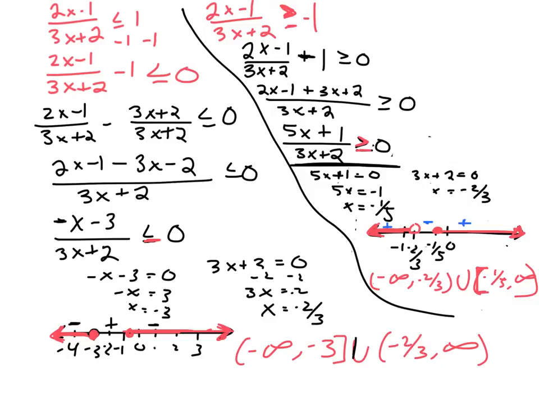So let's look at this. On this side, from negative infinity, okay, we're good. Both of them are being met from negative infinity. And then we get to negative 3. Are both of them met? Yeah, both of them are still being met. We're at negative 3, both these are met. Then we continue moving past negative 3, and we're trying to reach this negative 2 over 3.